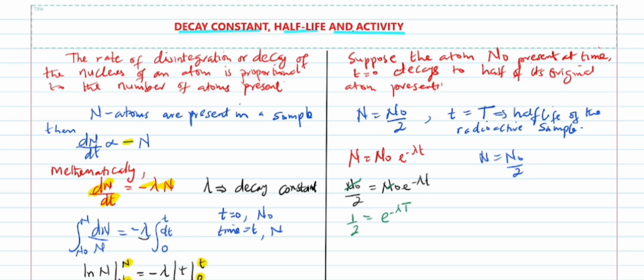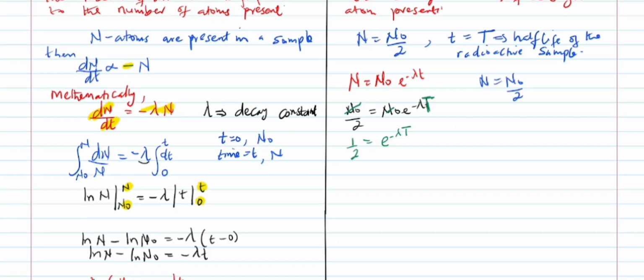This t would be big T, the half-life, because it has decayed to half its original size. Now taking the logarithm of both sides, we have ln of 1 over 2 is equal to minus lambda T. So from here you can see that the half-life is equal to minus ln of 1 over 2 all over the decay constant.